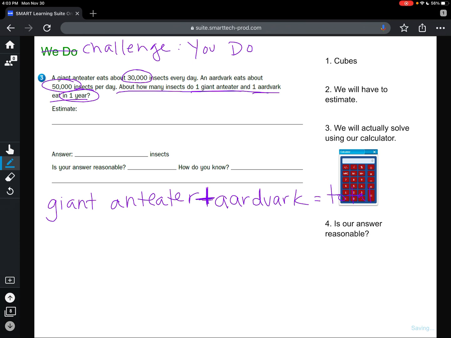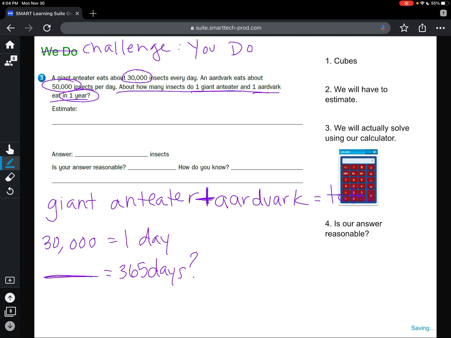But they ask in 1 year. So I know that the giant anteater eats about 30,000 insects in 1 day. But how many insects does it eat in 365 days? That's 1 whole year, right?